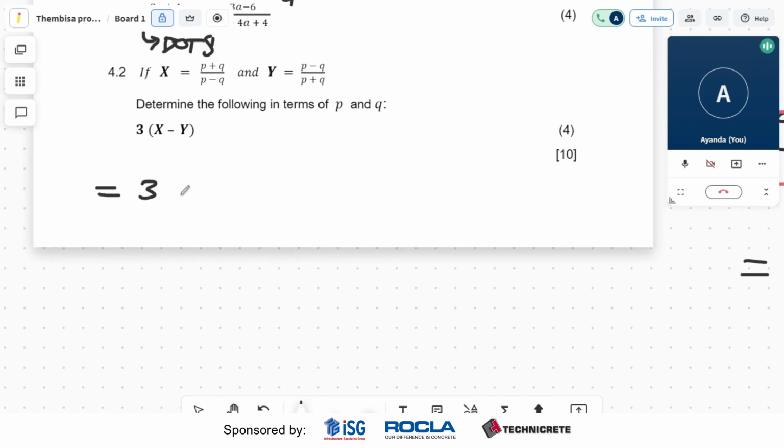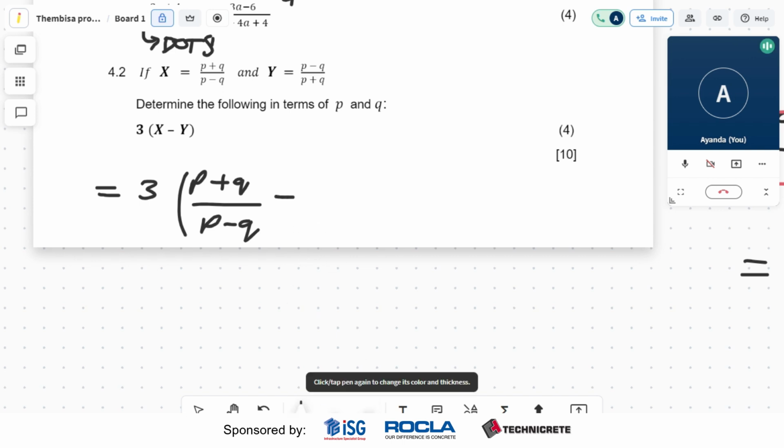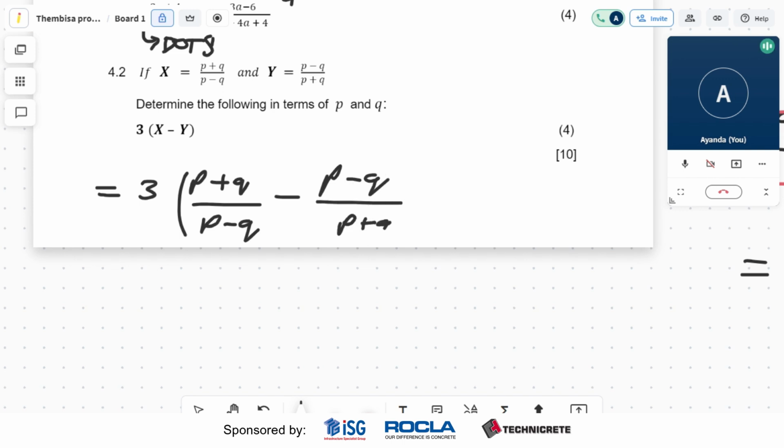We're going to have 3 times x, which is (p + q)/(p − q). Don't close our bracket yet. Minus y, which is (p − q)/(p + q).